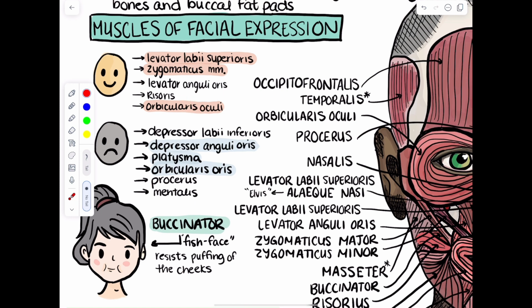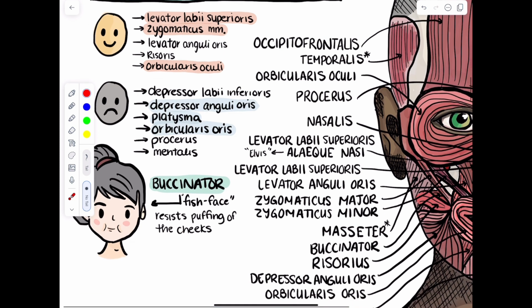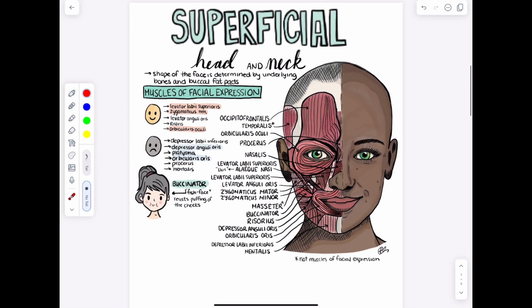With frowning, we have things like the platysma and orbicularis oris, which helps close the mouth or pucker the mouth going down. Mentalis, right? That lower lip is going to go down when we frown. So those are the main muscles of facial expression that you need to focus on. And again, we'll look at these more in depth on models and on diagrams in lab.